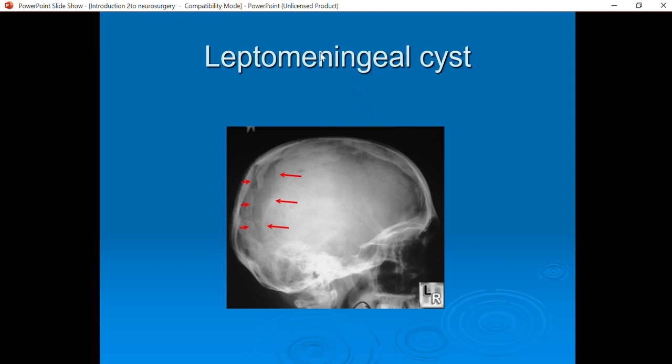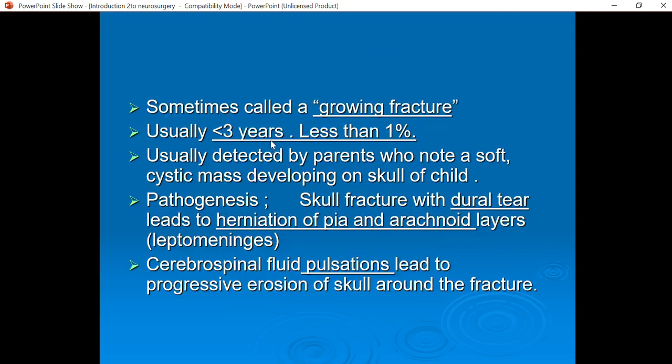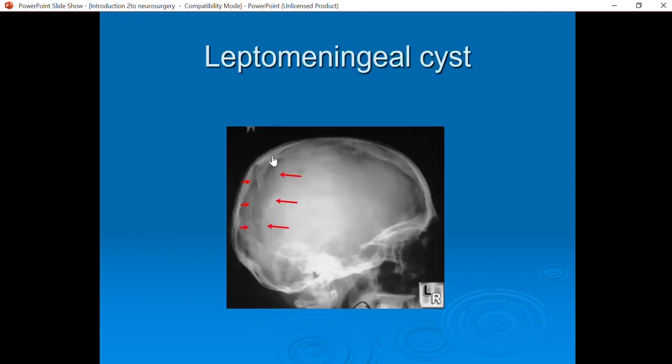Another late complication is leptomeningeal cyst or growing skull fracture. As we mentioned, the treatment of linear skull fracture is usually conservative, but in 1% of cases, in patients who are under 3 years of age, because of brain pulsation, the linear skull fracture does not heal.